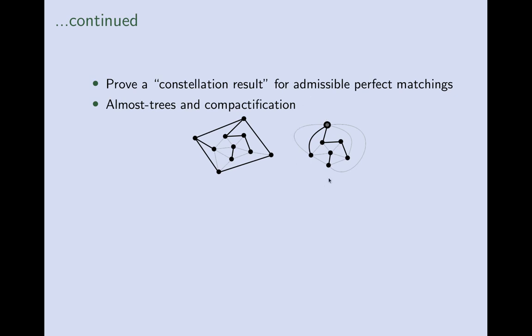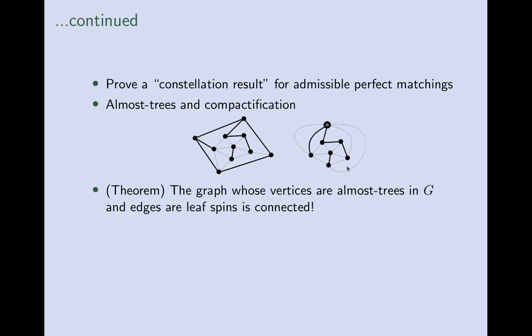So given any plane graph, we can consider a further graph whose vertices are the set of almost trees inside G, and whose edges are given by leaf spins of these almost trees. As I defined it before, leaf spins were only defined for trees, but it's easy to see what happens with almost trees. And this graph constructed from almost trees with leaf spins is in fact connected.